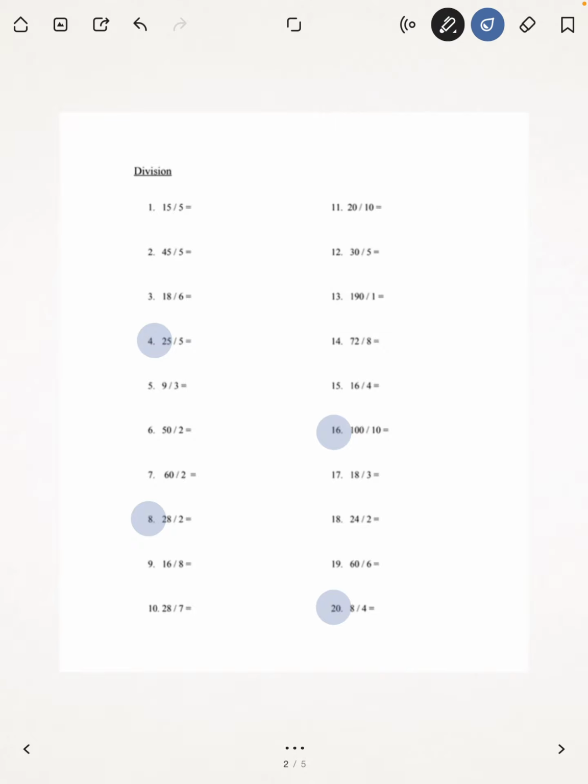The next page we're going to be doing division, and we're going to be doing numbers 4, 8, 16, and 20. So we're going to draw the half division box sign.